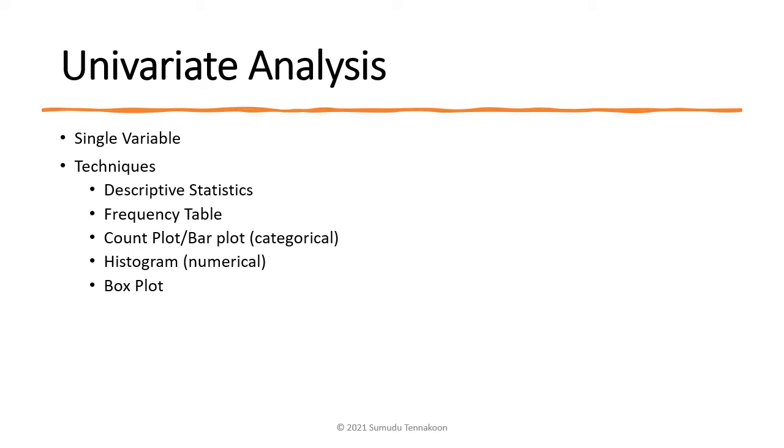Both the bar plot and histogram will give you an understanding of the data distribution in your dataset, same as the frequency table, and also descriptive statistics. Those will give you quantifiable numbers about your distribution. And the box plot will also give you the data distribution, as well as help you understand outliers. We will get to know about these things in the coming slides. Just hang on.